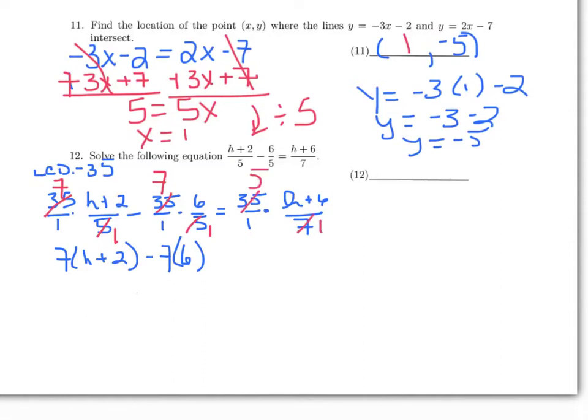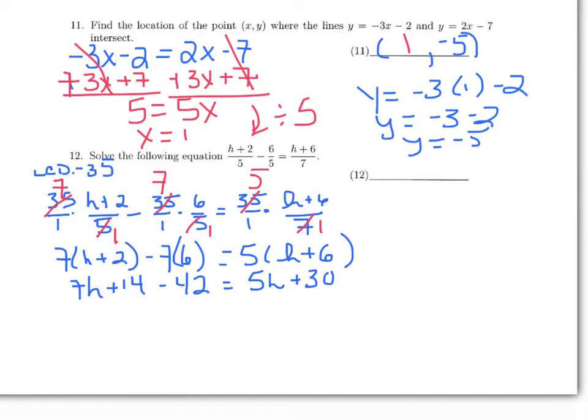And that gives us 5 times h plus 6. Now let's distribute. 7 times h plus 2, 7h plus 14 minus 42 equals 5h plus 30. Collecting terms on the left-hand side, we get 7h minus 28 equals 5h plus 30 on the right.